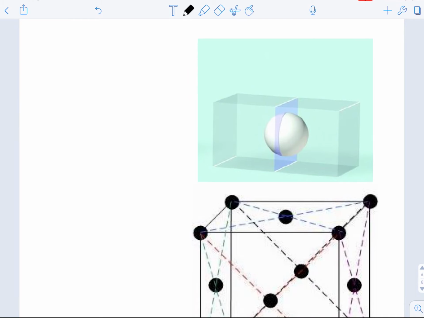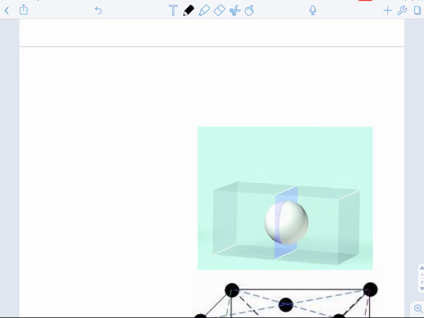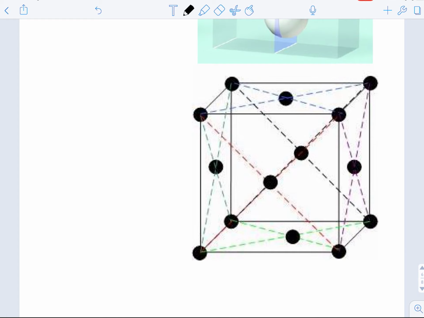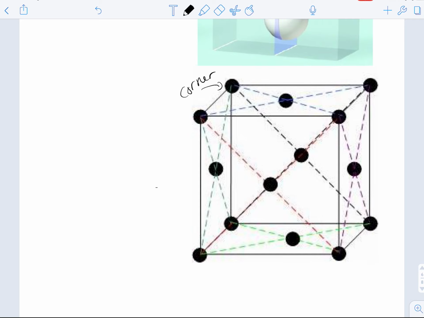Next one is our cubic closest packed, or face-centered cubic. Okay, here we have corner pieces, and we have face pieces.